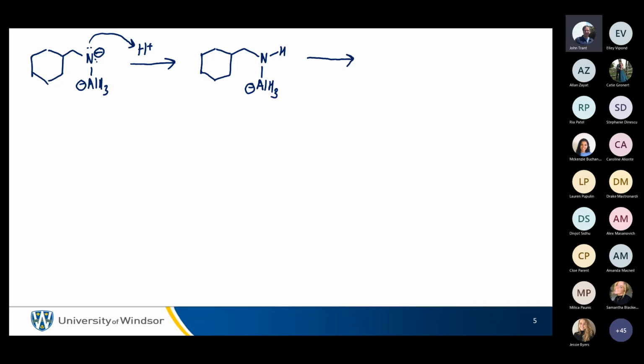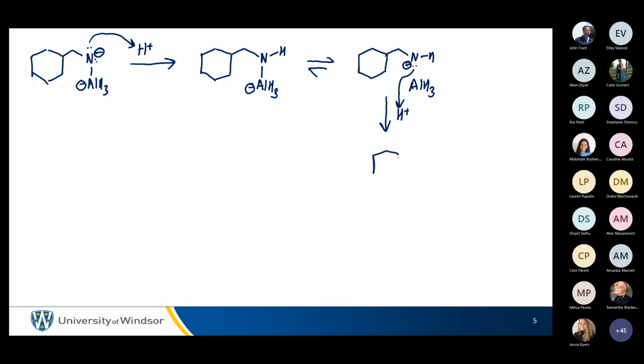I think what we can do then is think that this is now in equilibrium with that, which is kind of a step back from what we added in the first place, we can take it apart. And then if we add some H plus to that, we've neutralized the nitrogen.